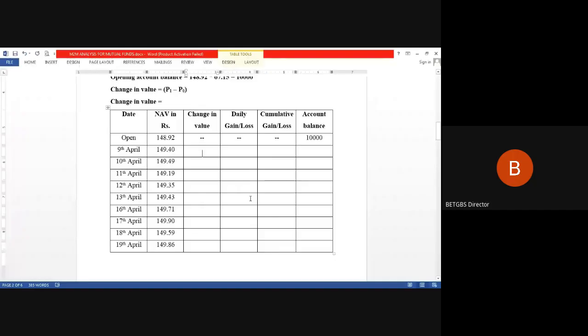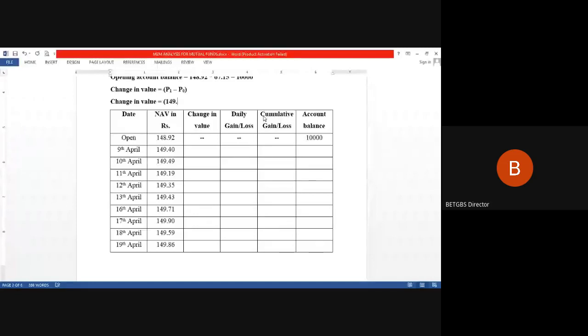We have got the open price 148.92, and we have been given these prices and the dates. So for the first opening value, there won't be any change in value, there won't be any gain or loss, there won't be any cumulative gain, and the investment you have made, the opening balance, will be there.